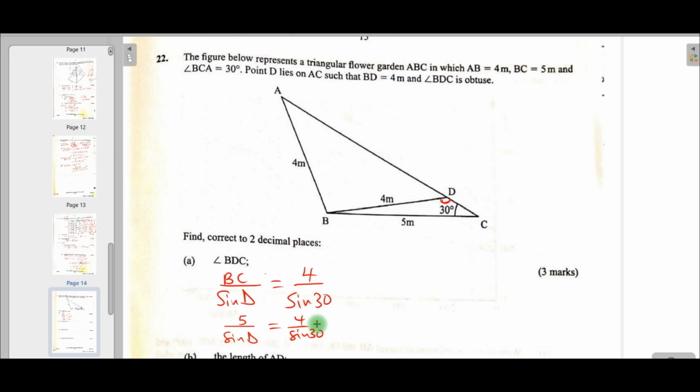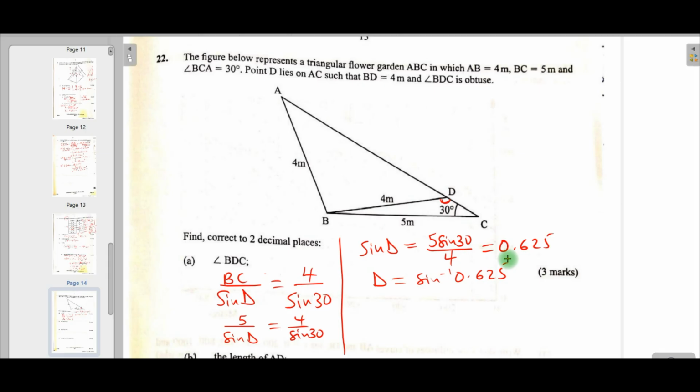And therefore, to get sine D, we cross multiply and get 5 sine 30 divided by 4, and if you work it out, you get 0.625. Therefore, angle D will be sine inverse of 0.625.